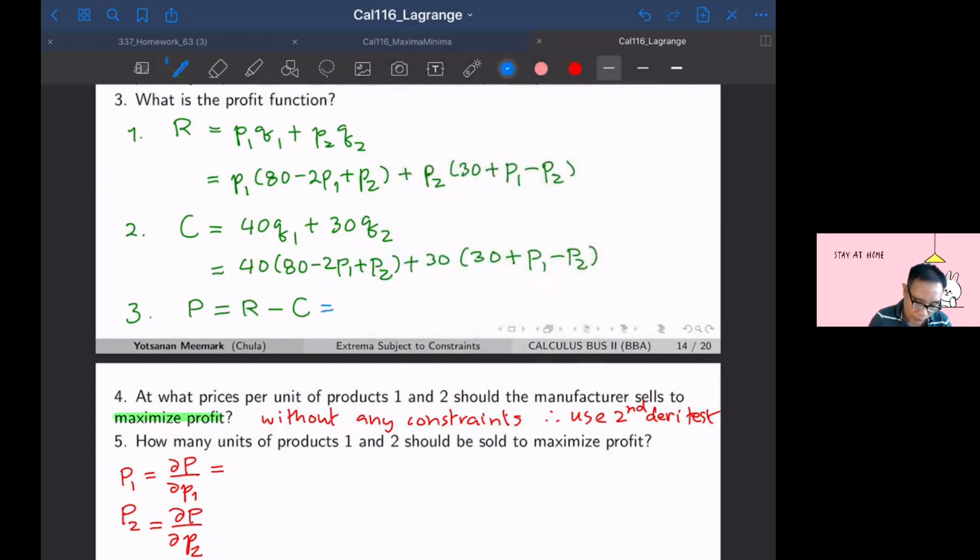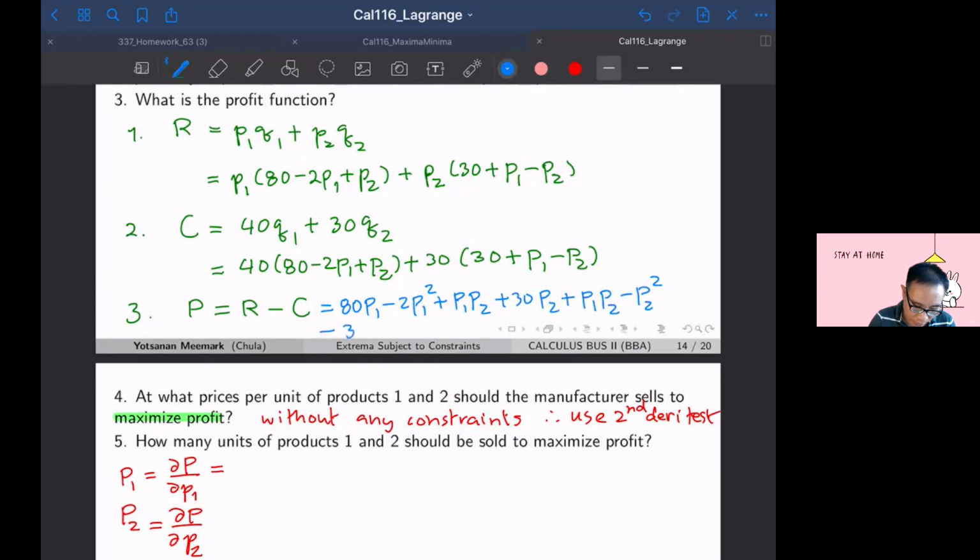So for this one, it's gonna be 80 P1 minus 2 P1 squared plus P1 P2 plus P1 P2 plus 30 P2 plus P1 P2 minus P2 squared. Okay, so that will be the revenue function, and you're gonna subtract the cost function.